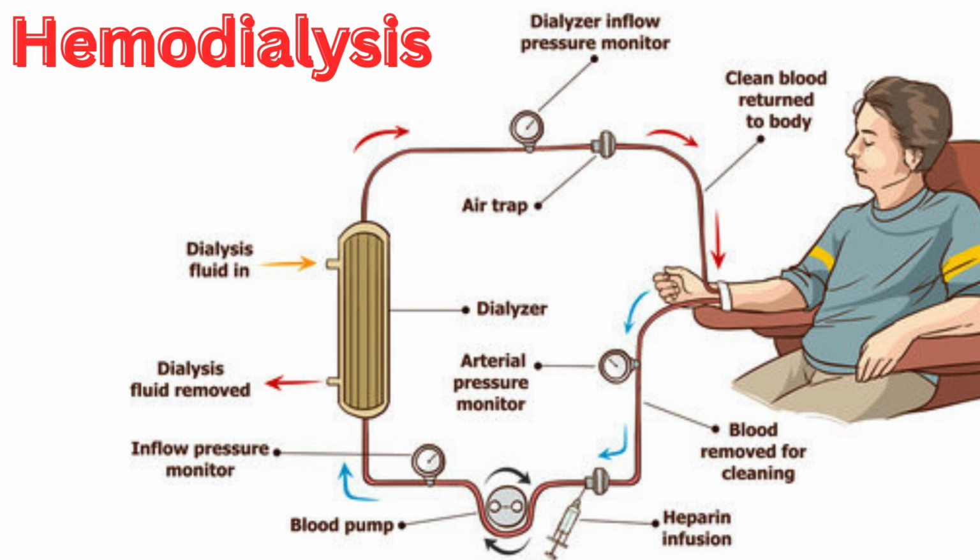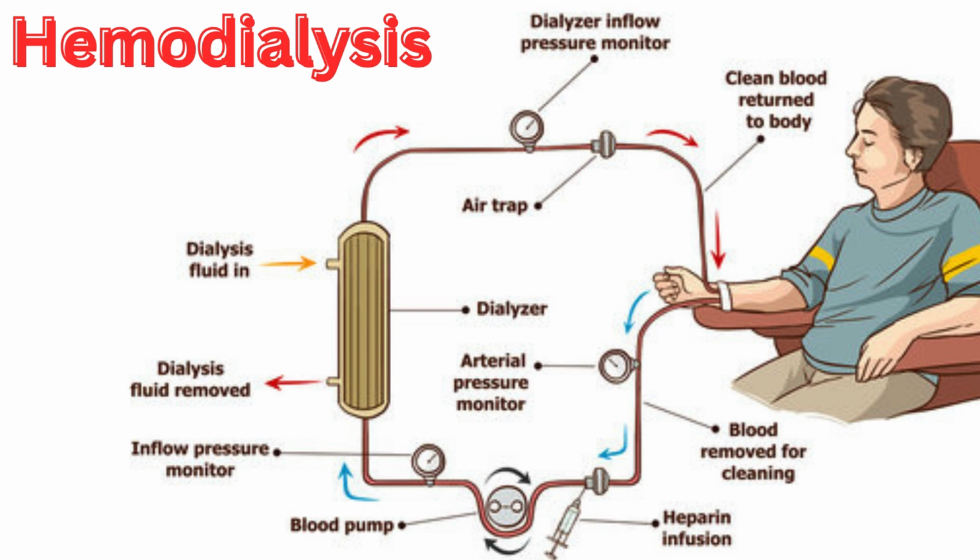So what is a dialyzer? A dialyzer is actually a semi-permeable membrane across which, through the principle of diffusion, the waste products from the blood enter into the dialysate. So what is dialysate? Dialysate is the treated water from the RO system which has sodium, potassium, chloride and glucose.